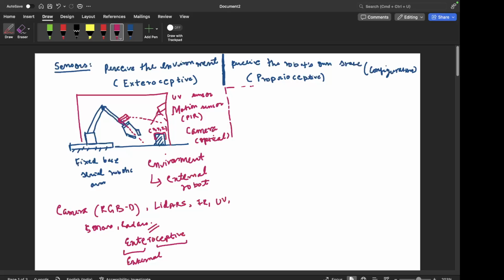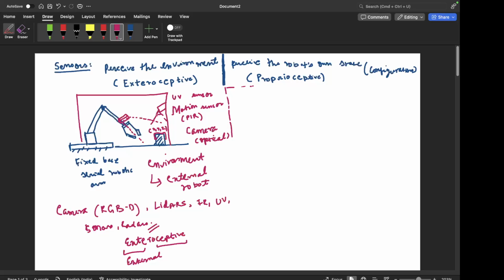Whether it is a fixed base, mobile, or floating base robot, the robot needs information about the position of its own joints, or the orientation of its body. So these are all information about the robot itself.